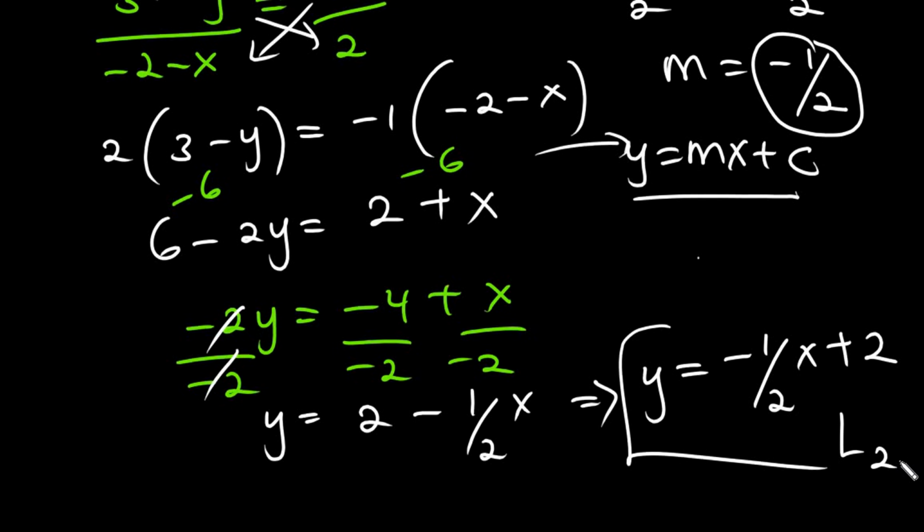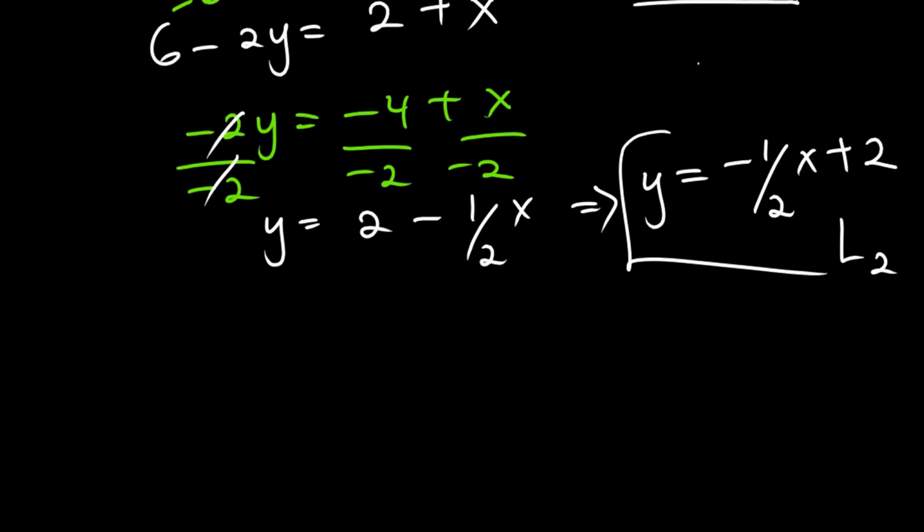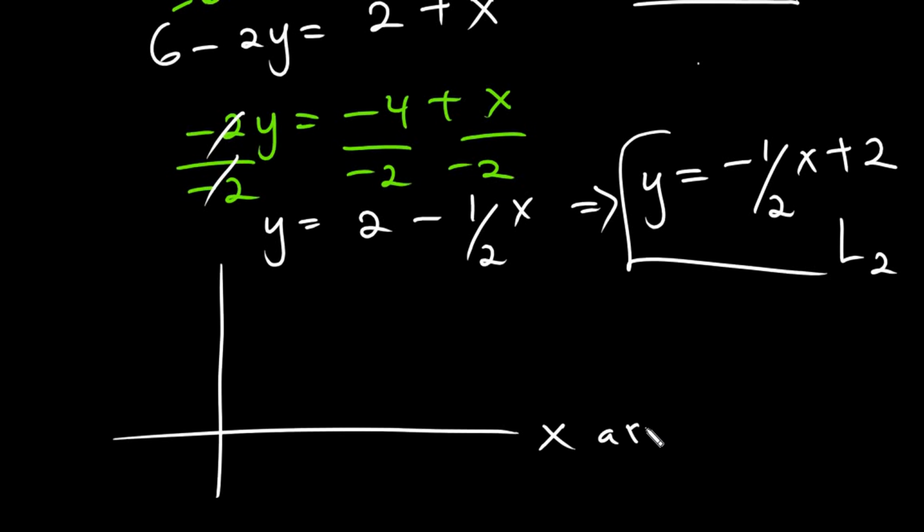We are told to get the x-intercept of line L2. So what do we mean by the x-intercept of a line? The x-intercept is the point. Let me draw a simple Cartesian plane here. This is the x-axis and this is the y-axis.